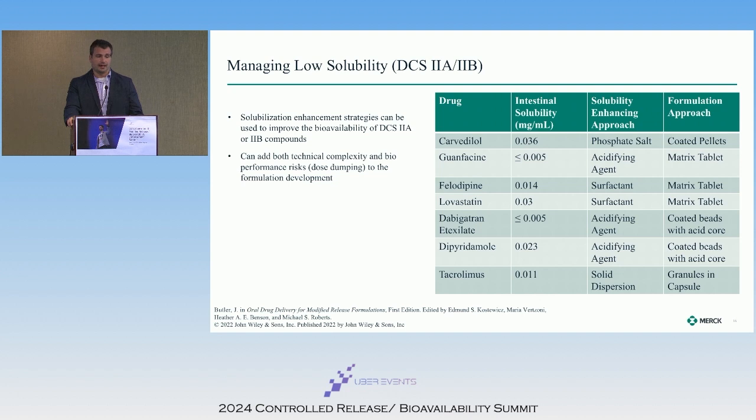It does add both technical complexity and bioperformance risks, but it's been done before. These are some examples from the literature of commercialized products. And what you see here is some solid dispersions, some acidification strategies, some surfactants. So this can be done.